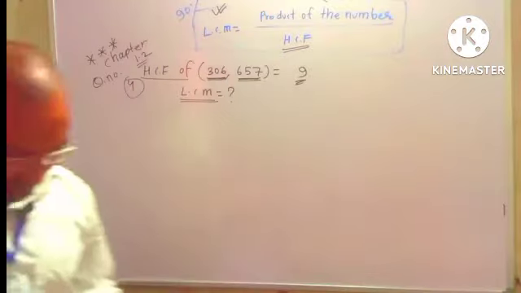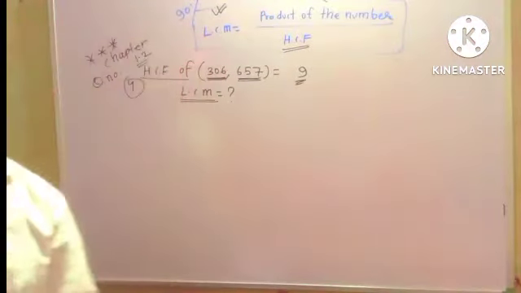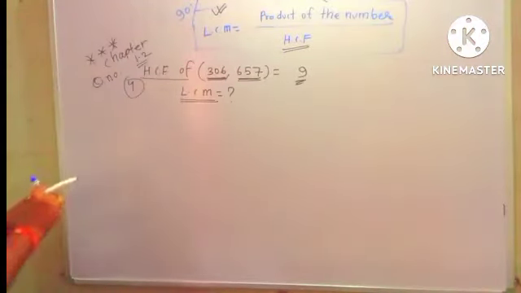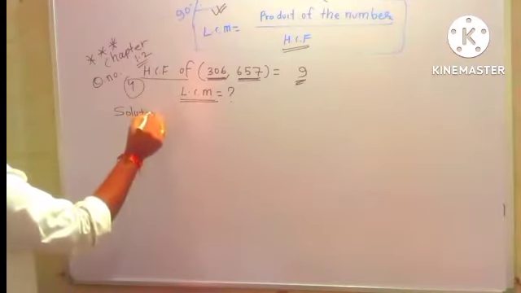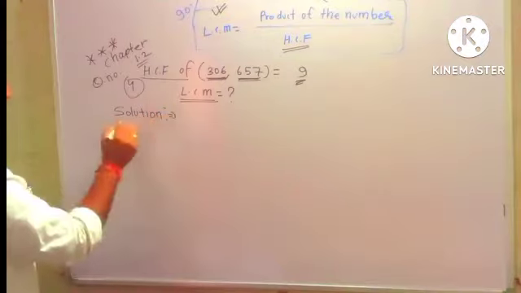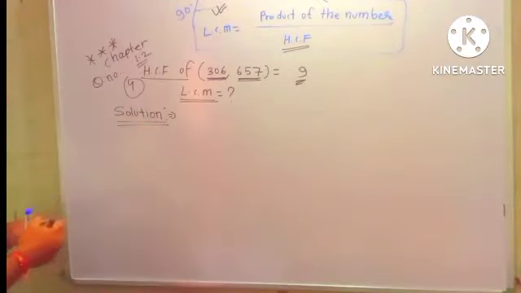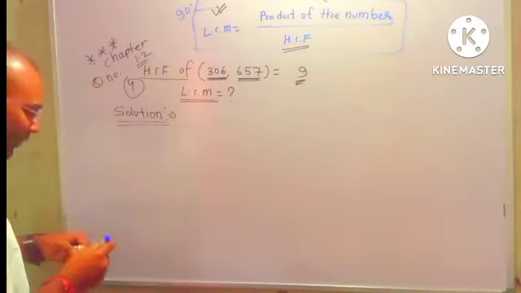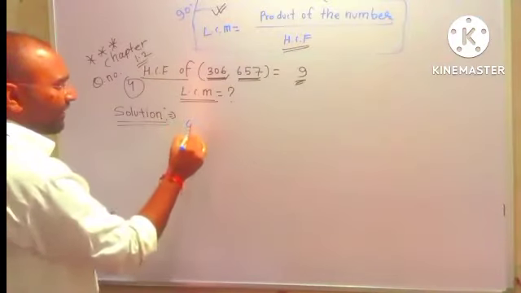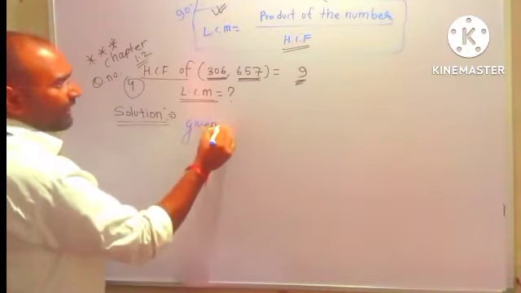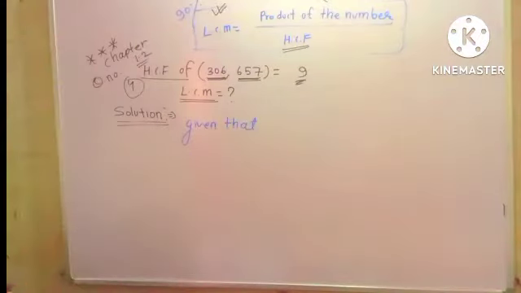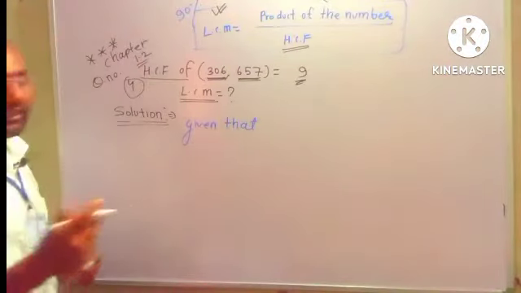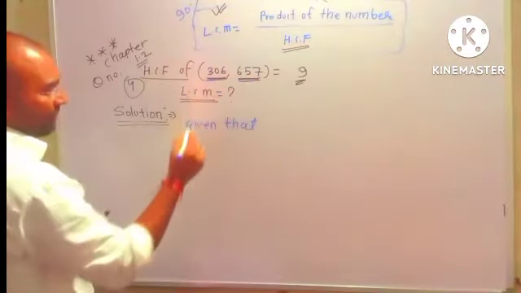LCM. Is this clear? So whenever you will solve the question in math copy, first of all you have to write down solution. सबसे पहले क्या लिखना है? Solution with blue color pen or black color pen? Black color pen. After writing down solution, you have to write down given that. Given that means दिया गया है कि. Two numbers are given now.